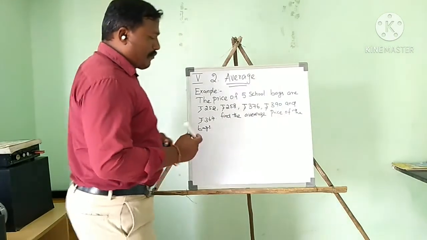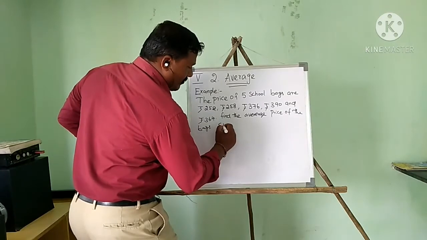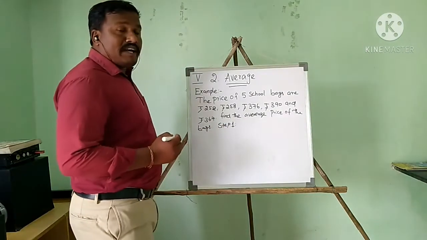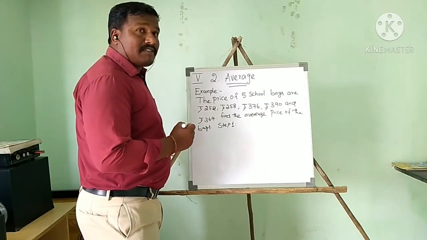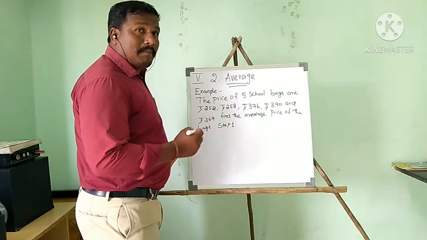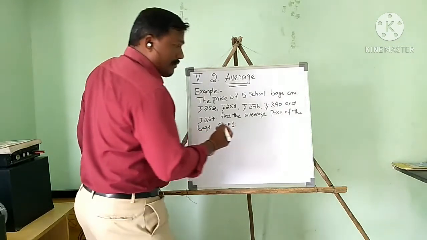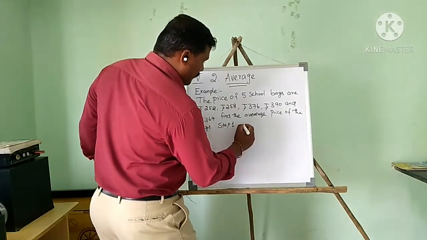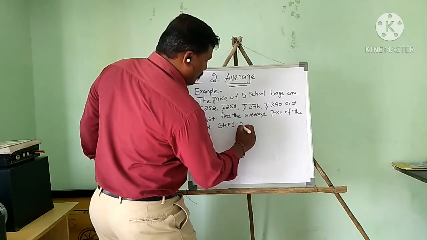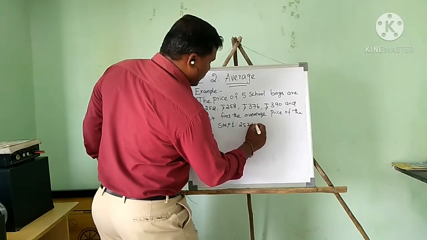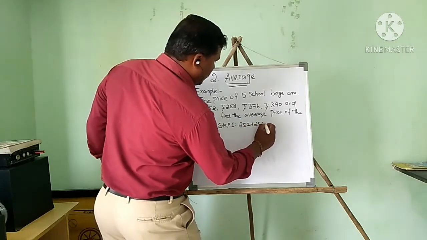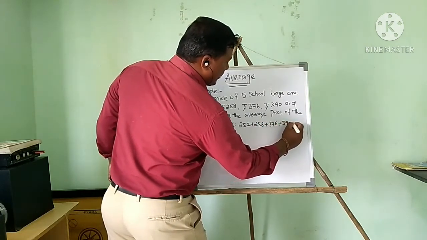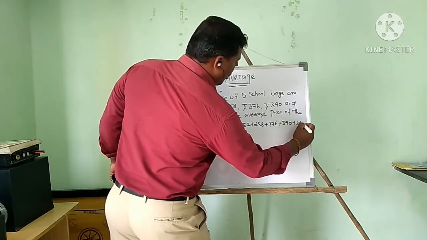So first, step 1. First I have to find out the sum of all the bag prices. So you have to add 252 plus 258 plus 376 plus 390 plus 364.